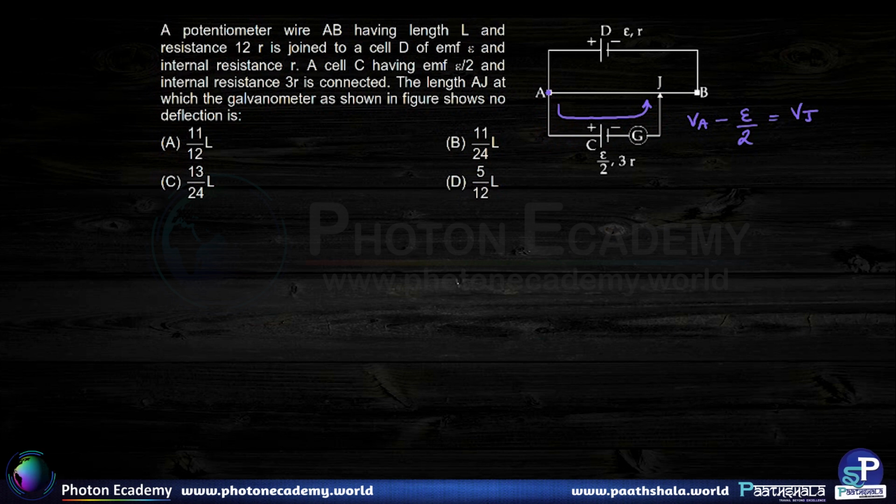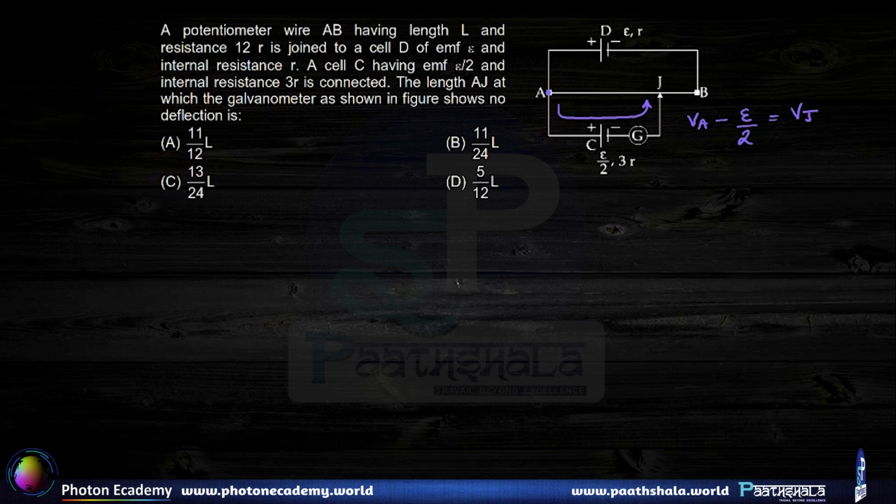So VA minus E by 2 is equal to VJ. Because of this, VA minus VJ is equal to E by 2.